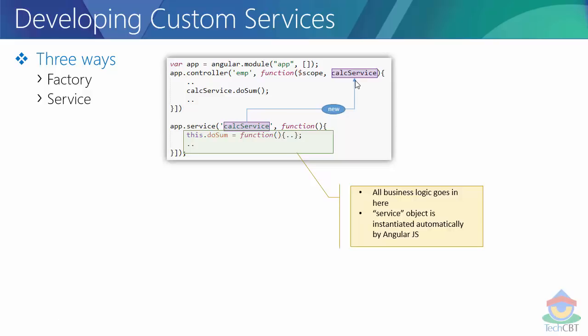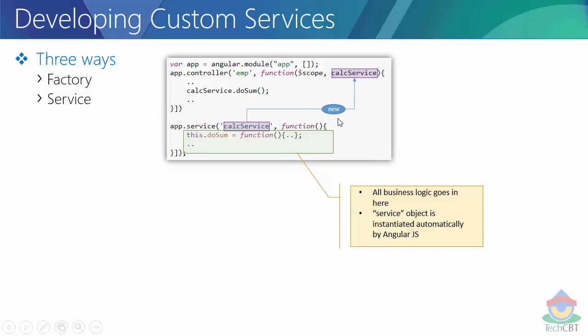So the only difference between this and the previous one is, in the factory you create the object and you return the object. In the case of service, you are not going to create the object, you are just going to define the structure of the object, and AngularJS takes care of how to create the instance when necessary for this particular service and returns the instance back to that particular calculate service parameter of the controller.